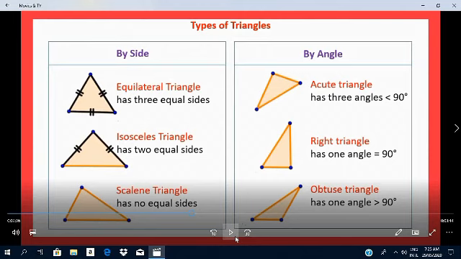Now right triangle, from the word right, we have 90 degrees. 90 degrees is contained in a right angle triangle. Now this is because two lines come together to meet at a point forming an L-shaped perpendicular line.